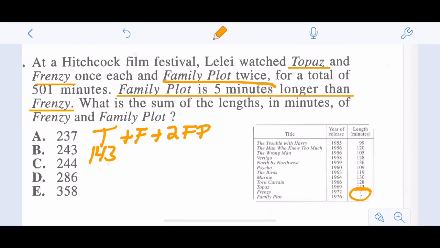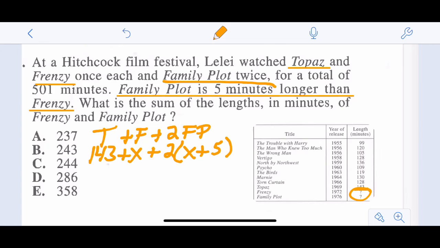Okay, so if we make Frenzy X, so plus X, that means that Family Plot is going to be X plus 5, and she watches it twice. What is the sum of Frenzy and Family Plot? So we want the sum of these without Topaz.